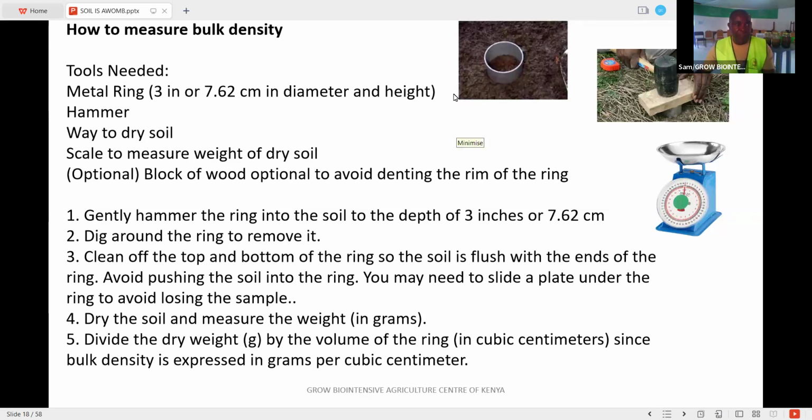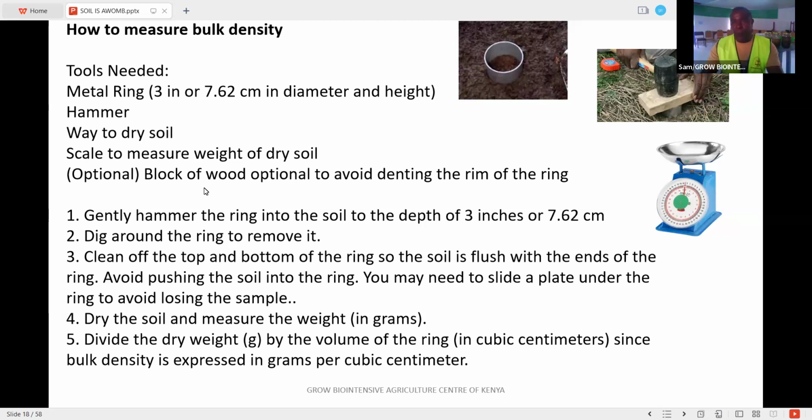You need a hammer, you need to understand how you will dry that soil, you need a weighing scale, and optionally, a block board or something like a timber that will hammer that ring into the soil.